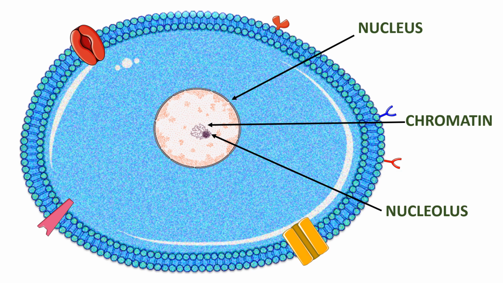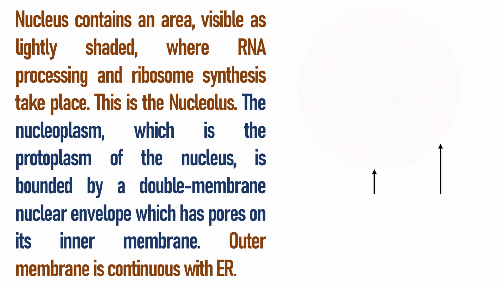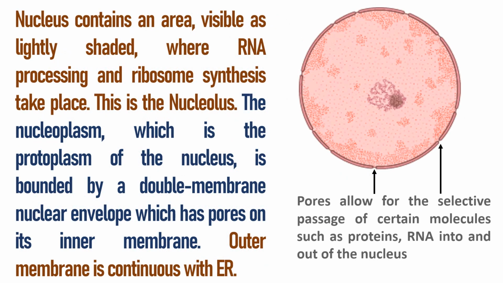Nucleus is the controlling center of a cell, because it contains DNA that regulates all functions of the cell, including growth and metabolism. Chromatin is the DNA organized with proteins. Nucleus contains an area visible as lightly shaded, where RNA processing and ribosome synthesis take place. This is the nucleolus.